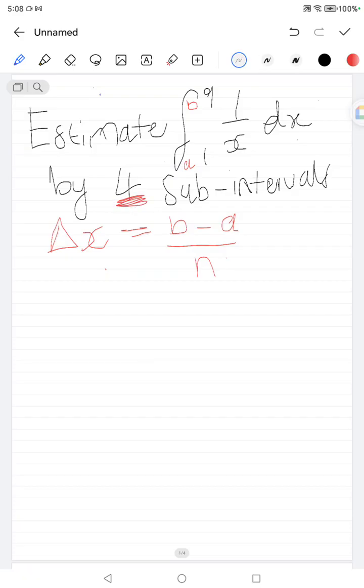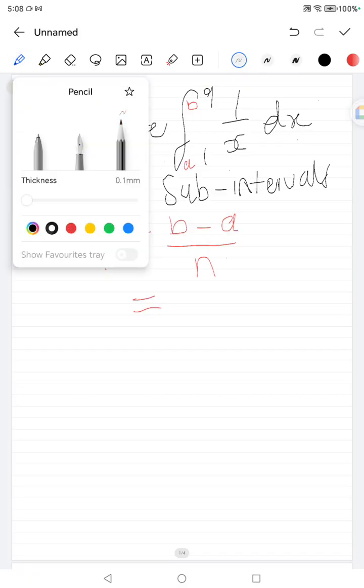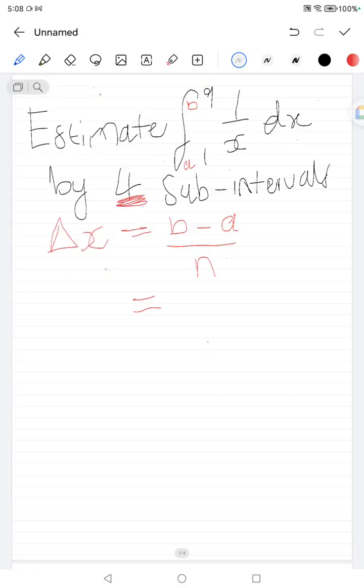So you will say you have your 9 minus 1 over 4. This is the same as 8 over 4, which gives you 2. You see? So far I hope we're still together.